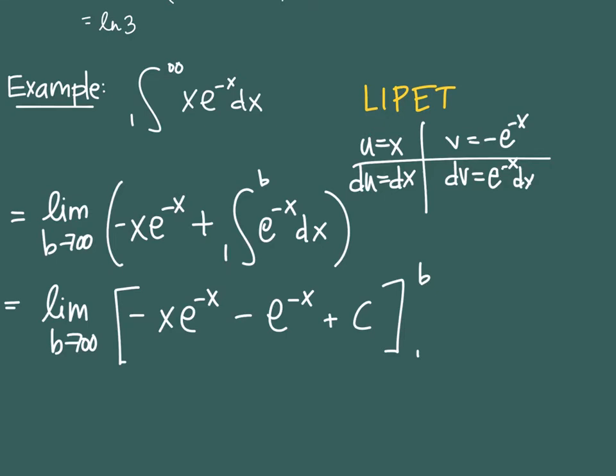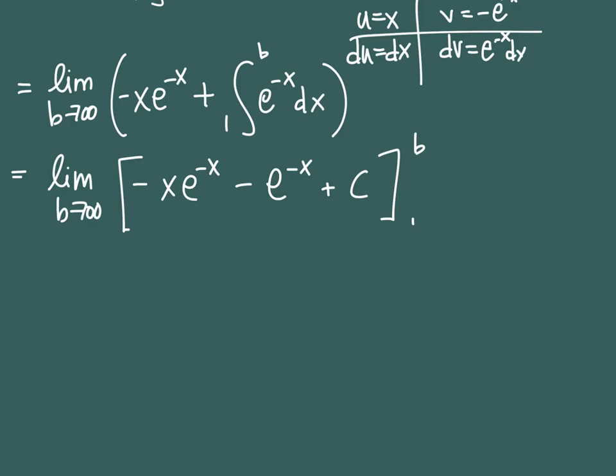And then we plug our b in, and we plug our 1 in. So negative b e to the negative b, minus e to the negative b, plus 1 e to the negative 1, plus 1 e to the negative 1.